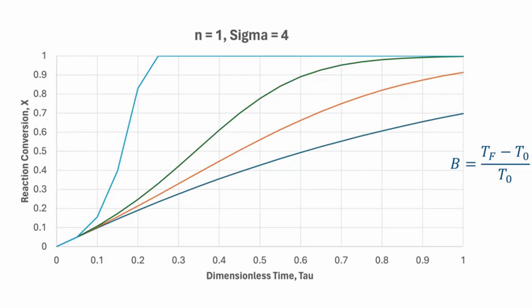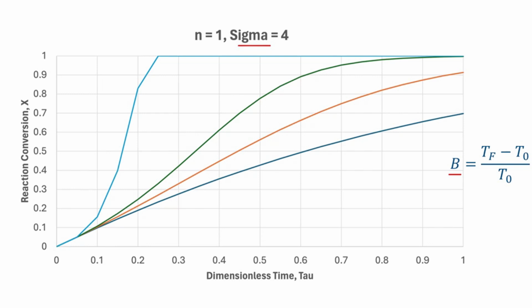Before moving on to how we can use this model to extract the information we want from our calorimetry data set, let's visualize this model for particular values of these dimensionless parameters. Those parameters being in particular B, which again is the dimensionless adiabatic temperature increase, and sigma, which is the dimensionless activation energy.